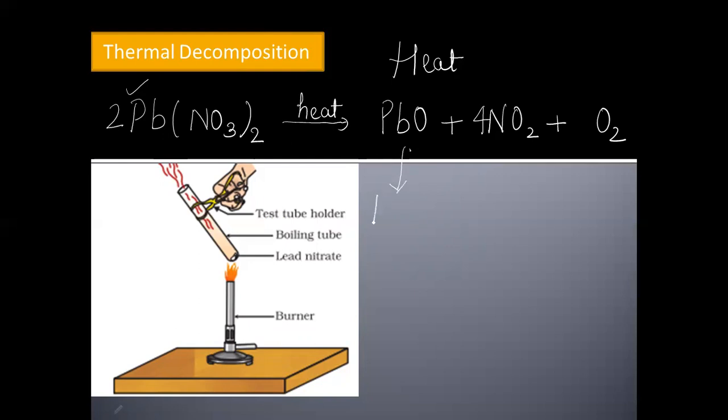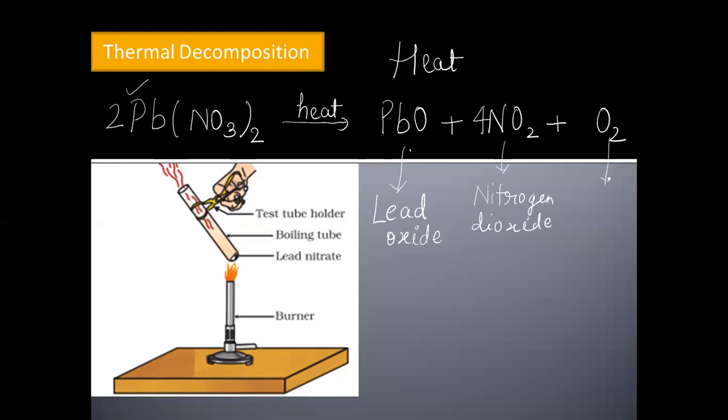Let me write the names of these products. The first one is lead oxide. The next product is nitrogen dioxide.